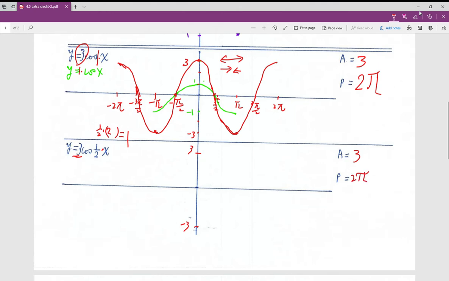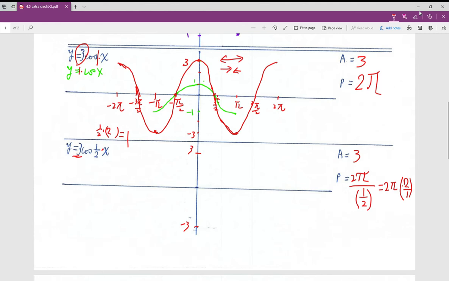Okay, but the parent period is 2 pi, and your boss is going to divide by 2 for you. So follow the formula. You have 2 pi and times 2 over 1, right? Times 2. So you need to work double.